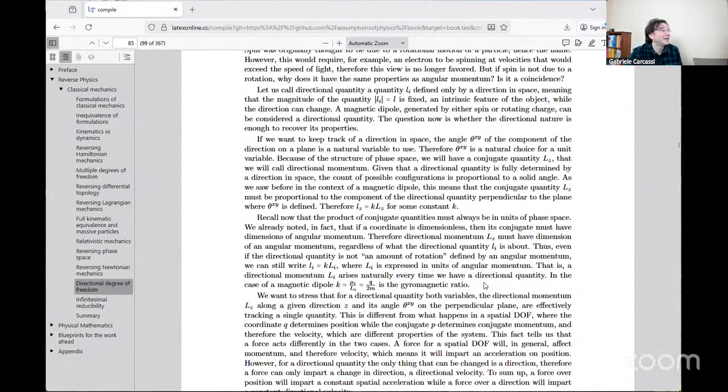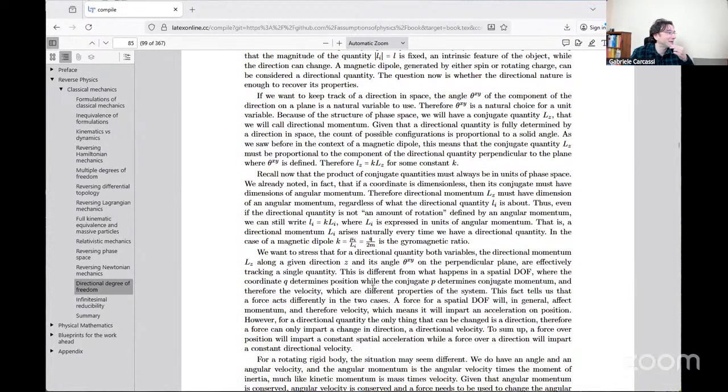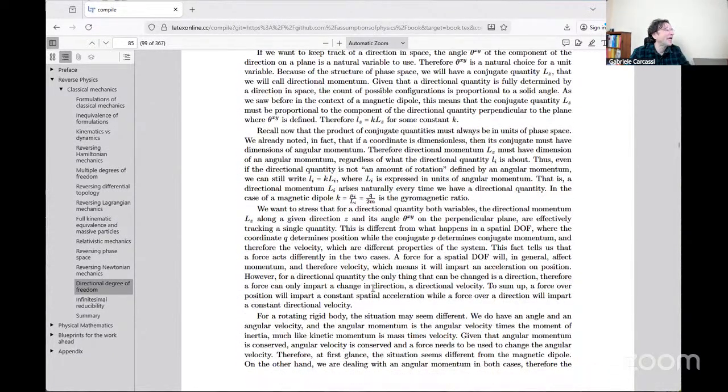So regardless of what directional quantities you're going to have, you are going to have an angular momentum and a ratio between the directional quantity that you're interested in and the angular momentum, the canonical variable that you're going to use to describe it in terms of Hamiltonian mechanics and the symplectic form.